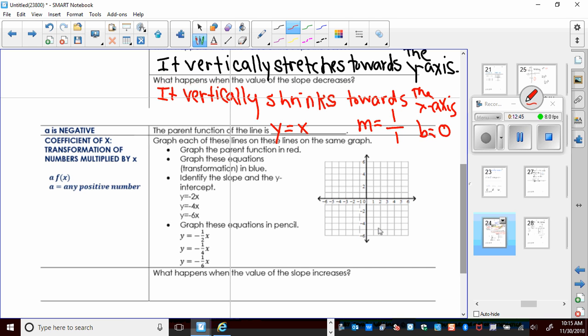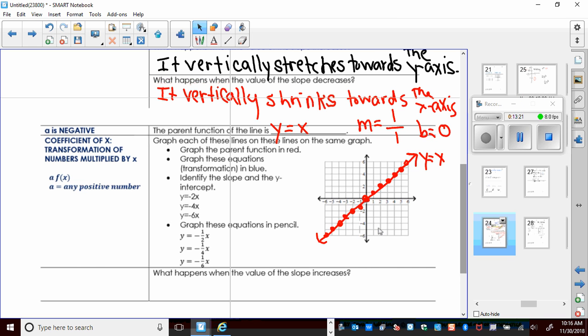So we're going to graph the parent function. So I start at 0. I go up 1, right 1, and keep going until I create the diagonal that splits the graph. This is my parent function of all linear functions.